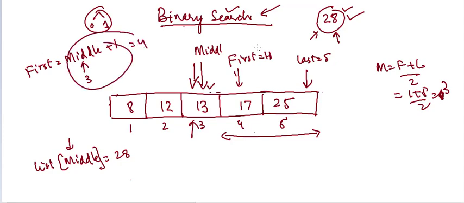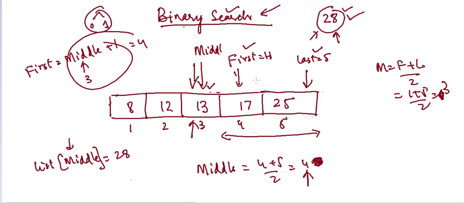So we have set our boundary to 4 now, and the other boundary is 5, and now we are going to once again calculate the middle. This time when we do that, this is going to be 4 plus 5 divided by 2, which is 4.5. Let's ignore the decimal part, so our middle is going to be 4.